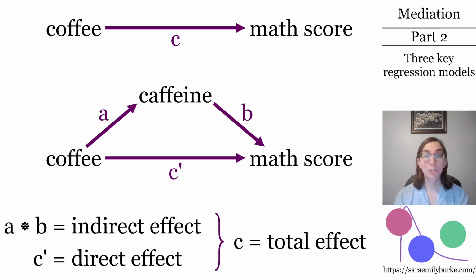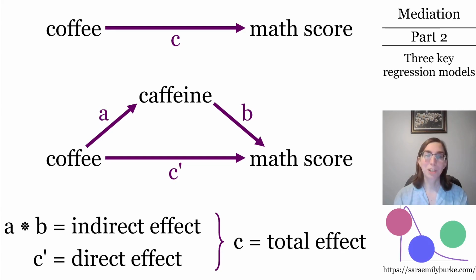If the indirect effect is almost as large as the total effect and in the same direction, then the direct effect will be small because the total effect is equal to the indirect effect plus the direct effect. The difference in test scores between coffee and no coffee is equal to the indirect effect plus what's left of that test score difference after we take out all the variance explained by caffeine.